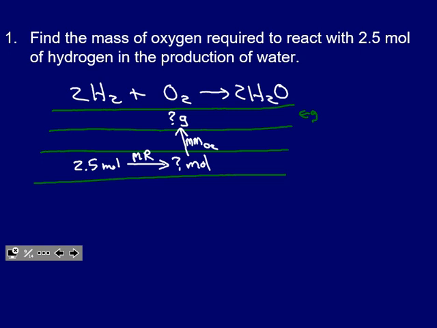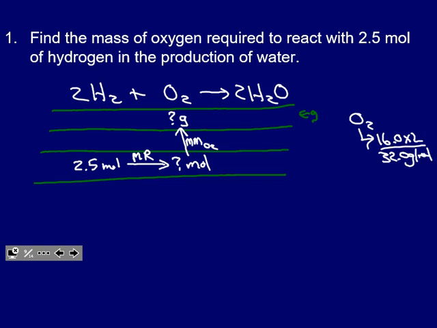But as soon as I see that I need a molar mass, I write it off to the side so I have it ready to go. So I put O2 and determine that molar mass. Periodic table, find the numbers, calculate. 16 times 2, 32.0 grams per mole.